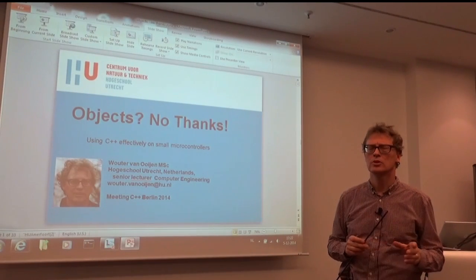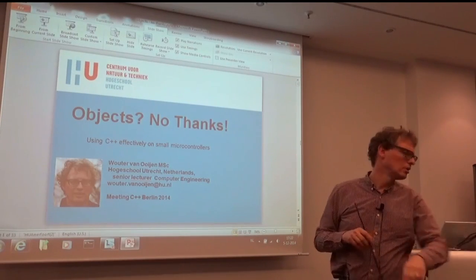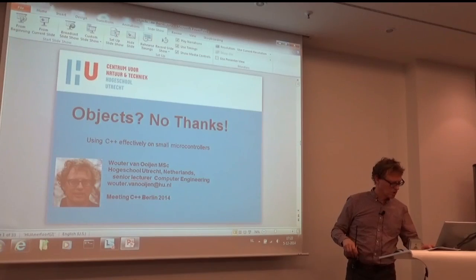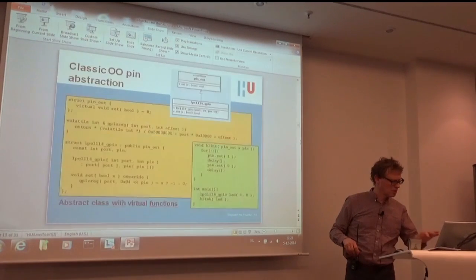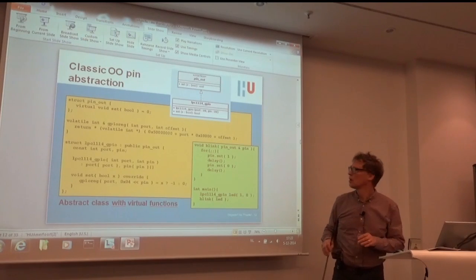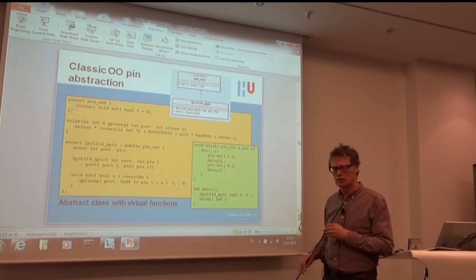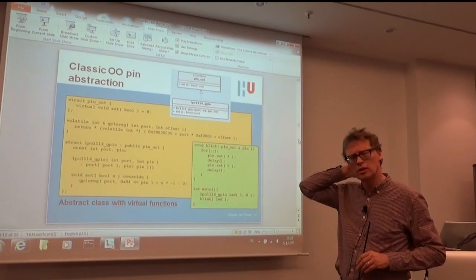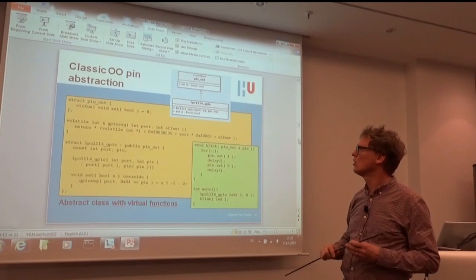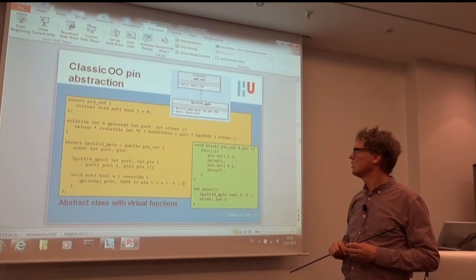You could still pass the port number and so on into the constructor as before, but the blink method would just be a template method with the pin class as a template argument. And it seems to me that if the compiler can look at the whole code, it can just optimize this entire object away and generate the same code.